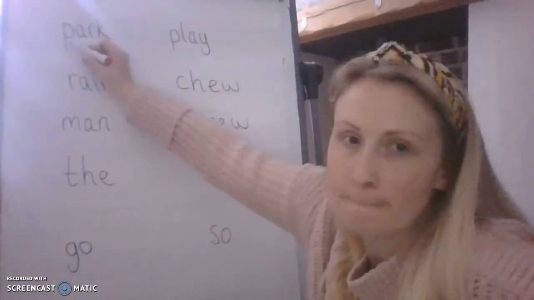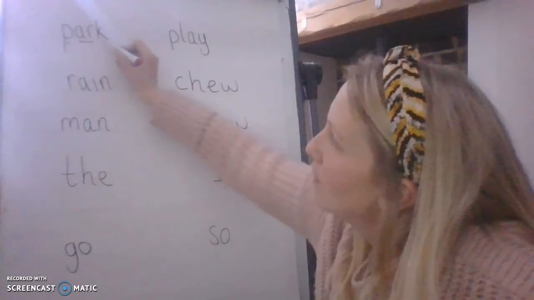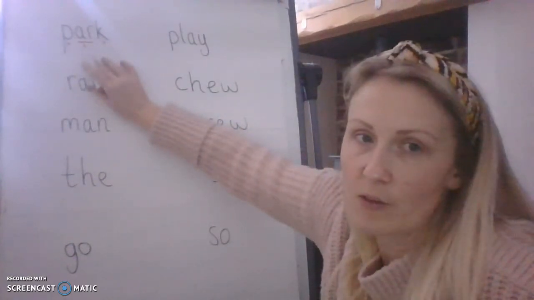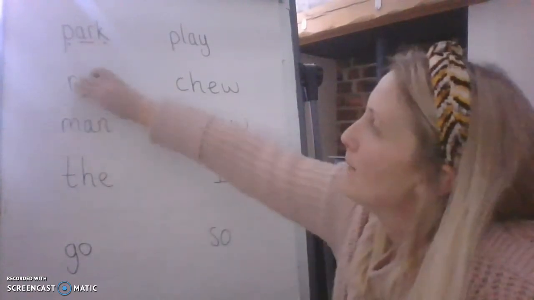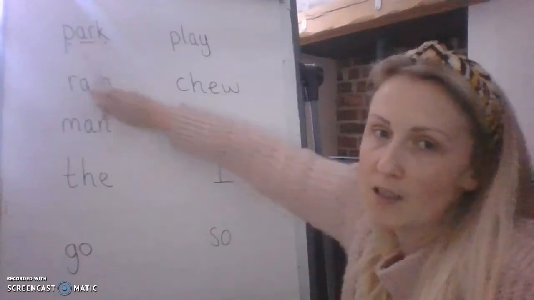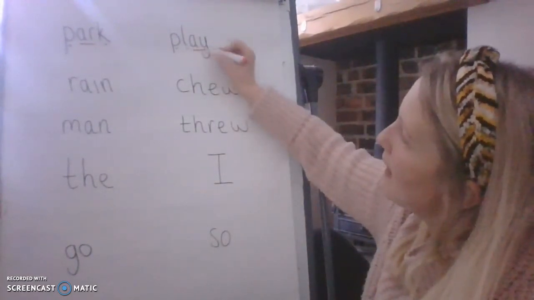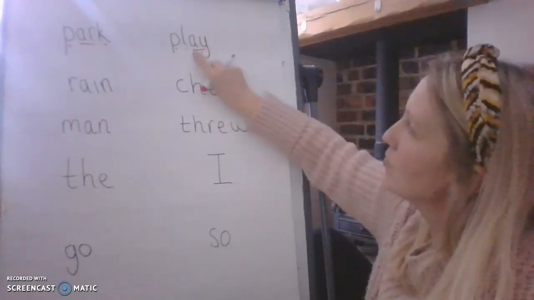So I've got P, R, K, because the R is a digraph we know. It's 2 letters that make one sound. P, R, K, park. P, L, A, play.